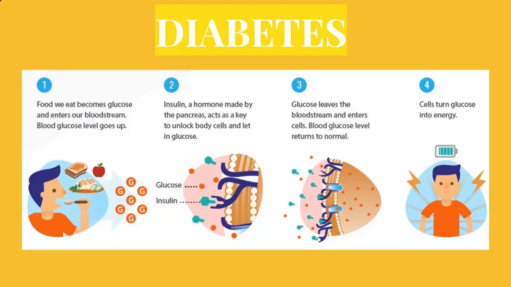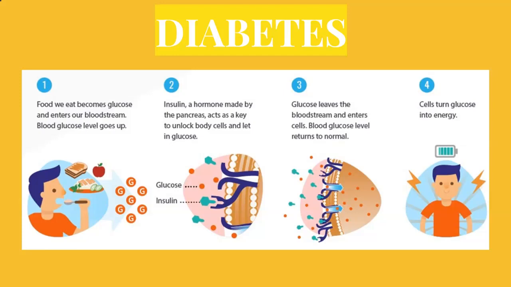And then what happens is our pancreas in our body releases a hormone called insulin. Insulin is what helps our cells open up and let that glucose in there, that sugar in there. So when the sugar leaves our bloodstream and goes into our cells, our blood sugar level goes back to normal, and then our cells use that sugar as energy.